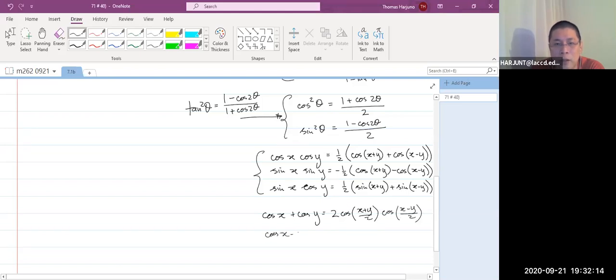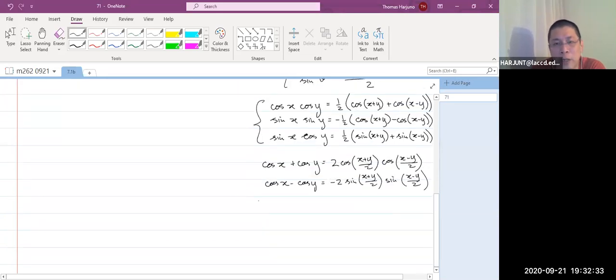Cosine x minus cosine y is negative 2 sine half of the sum sine half of the difference. Ooh, wow, Thomas, how do you memorize this? I did the proof of it. That's how I memorized that. Sine plus sine equals 2 sine sum over 2 cosine difference over 2.